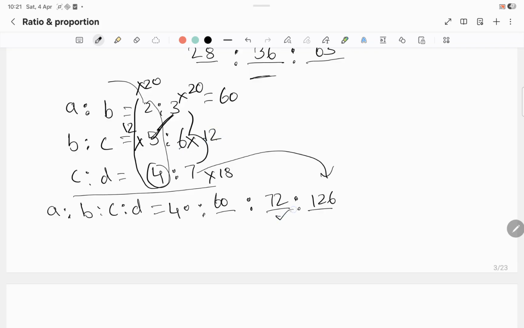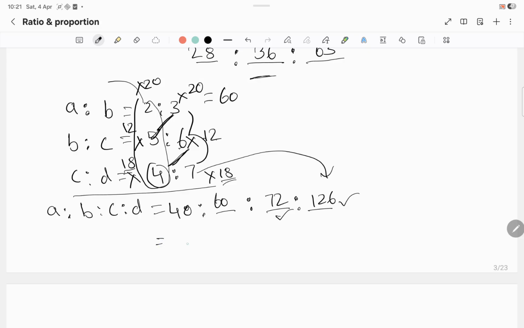So if this number is multiplied by 12, 6 should also be multiplied by 12. 6 into 12, 72. Now these both should be the same. Then 4 into what is 72? 4 into 18. Now if the numerator is multiplied by 18, the denominator must also be multiplied by 18. So we got 126. Now we have to divide by the common number.